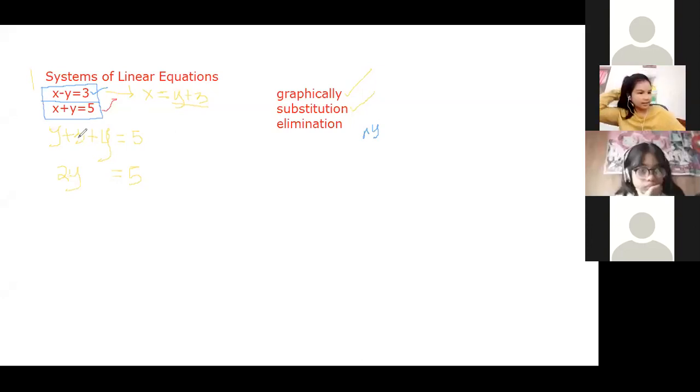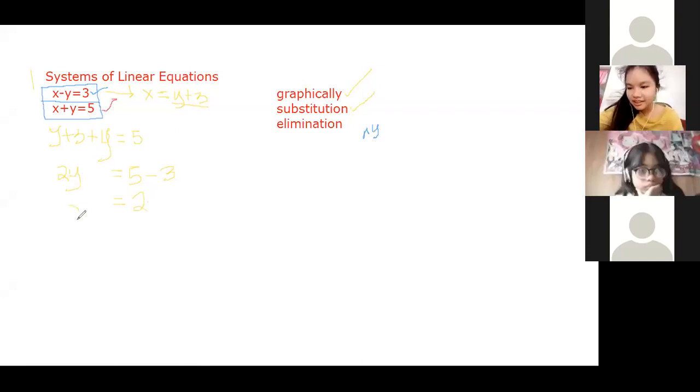Anyway, 3, transfer it to the other side, it will become negative 3. Ayan, negative yan. Negative 3. Ito, si positive 3, transfer ko sa kabila. Combine like terms, alright? Combine like terms. And all of us in the whole universe knew that 5 minus 3 is 2.